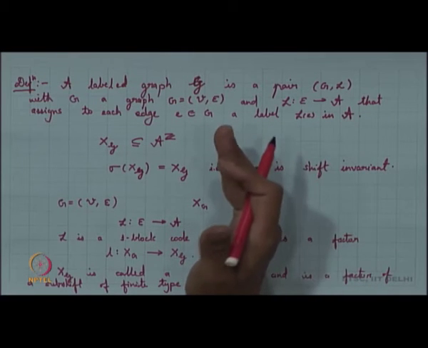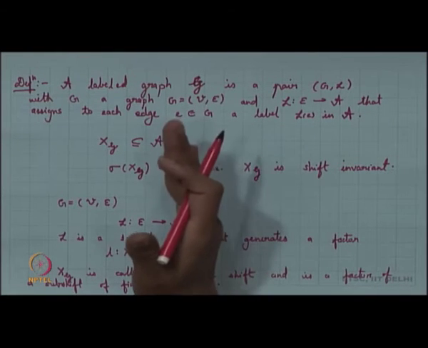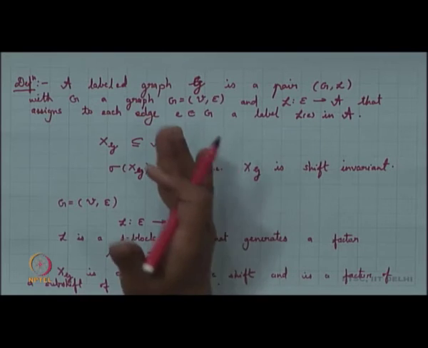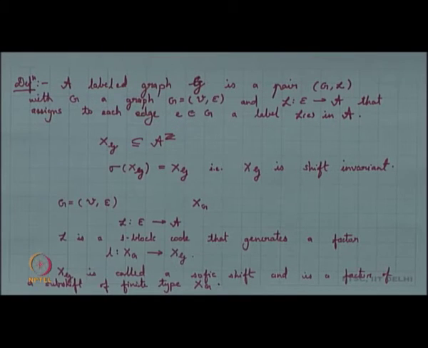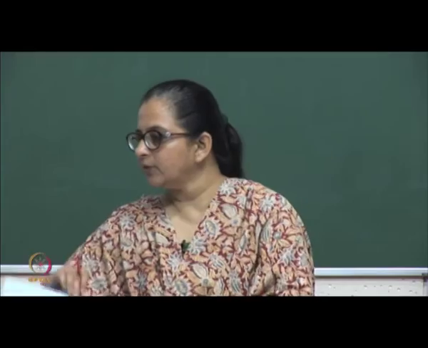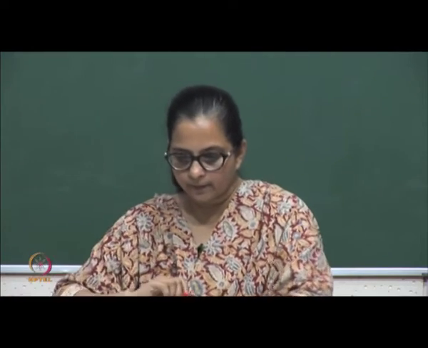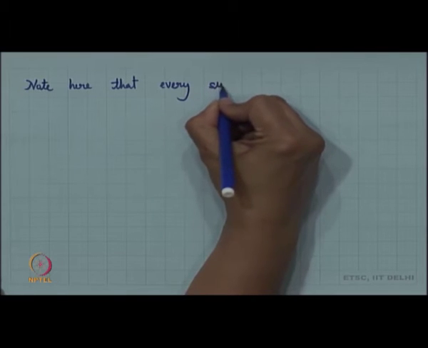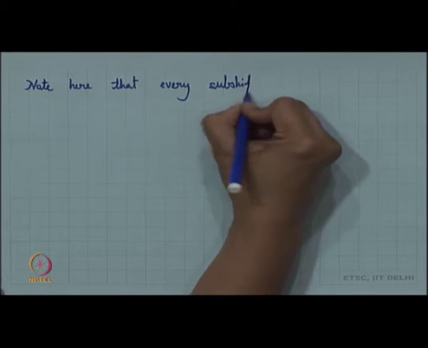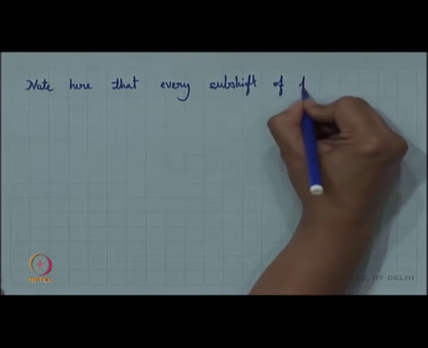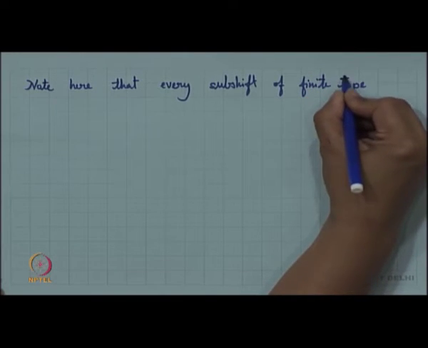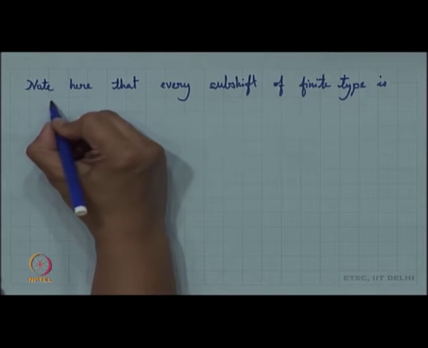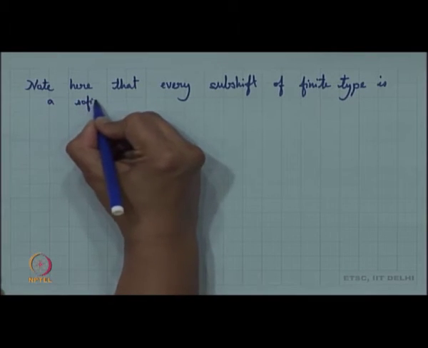So, by using this graph, you can generate something which is called a Sophic shift. A very interesting fact here is that, first of all, we note that every subshift of finite type is a Sophic shift. Do you all agree with me?